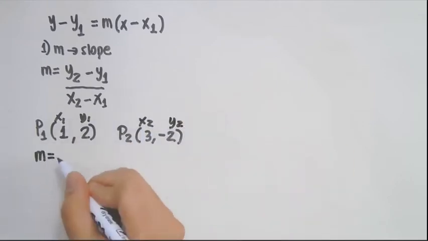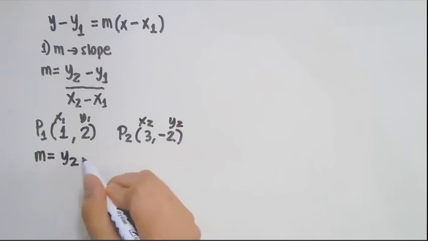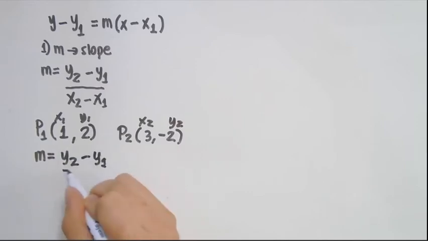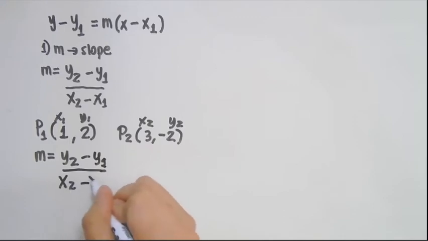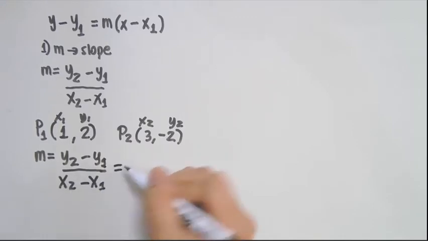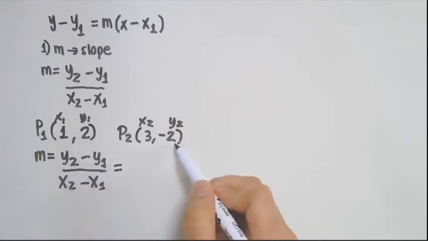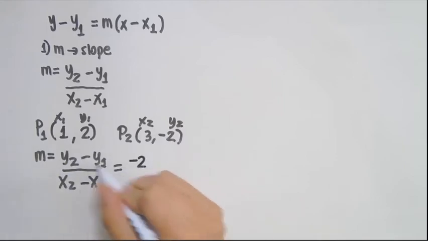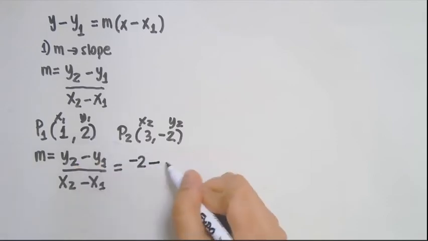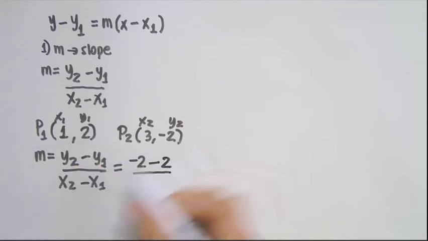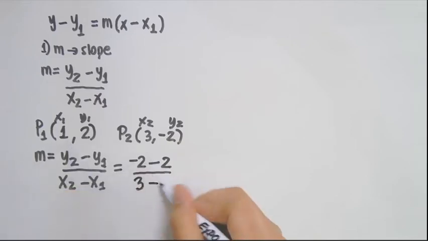Write down your formula, change of y all over change of x. And then we substitute the values of our coordinates. We have y2, which is -2, minus y1, which is 2, all over x2, which is 3, minus x1, 1.